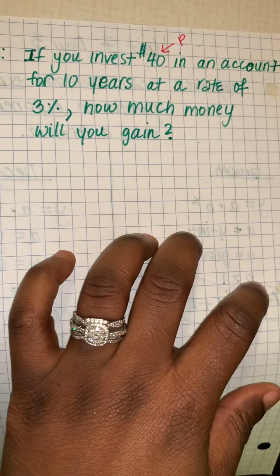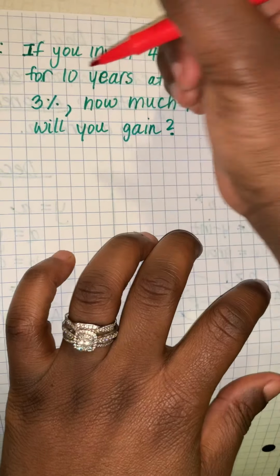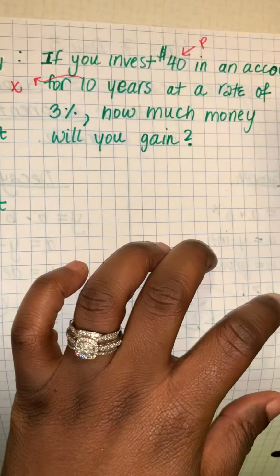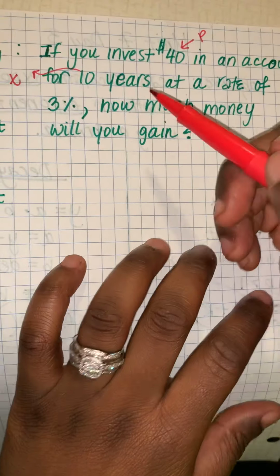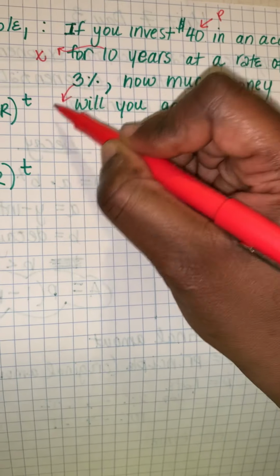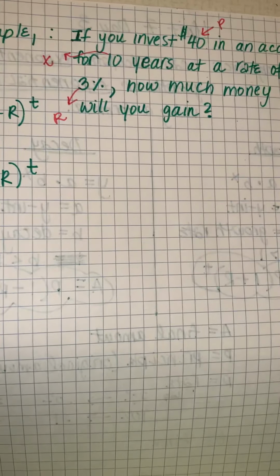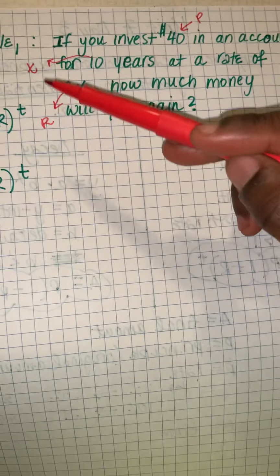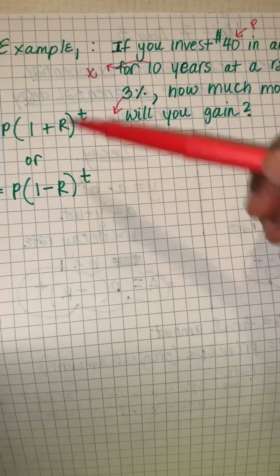What do you think this 10 is? Obviously it's not the rate, it's not a percent. That's going to be your time. And then it says at a rate of 3%, so that's our R right there. Now, as you can see, we have our P, our T, and our R.